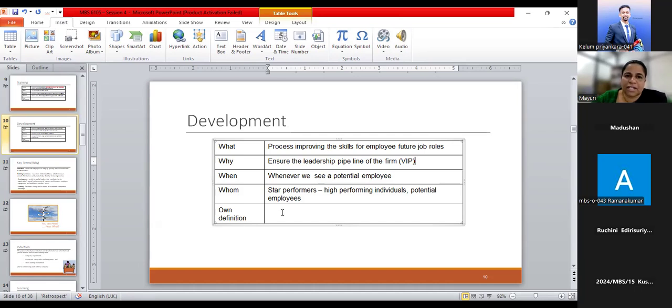So now you can write your own definition of development. It's about getting the employees ready for future job roles. We do it for potential employees, whenever we see potential employees, we start it. And the aim is to ensure the leadership pipeline in the organization.